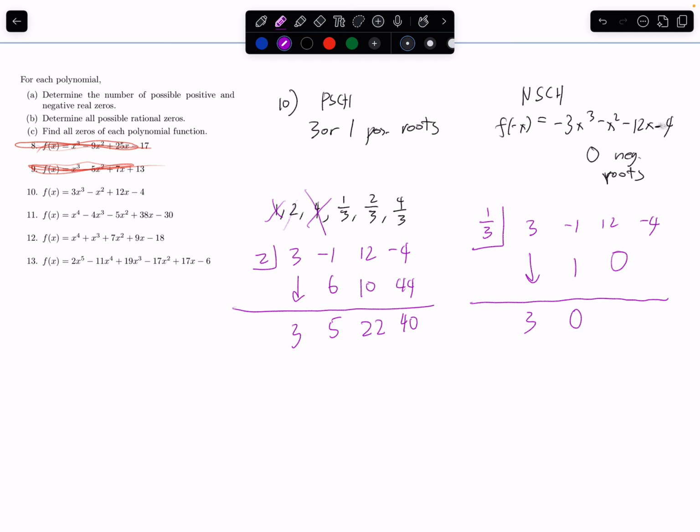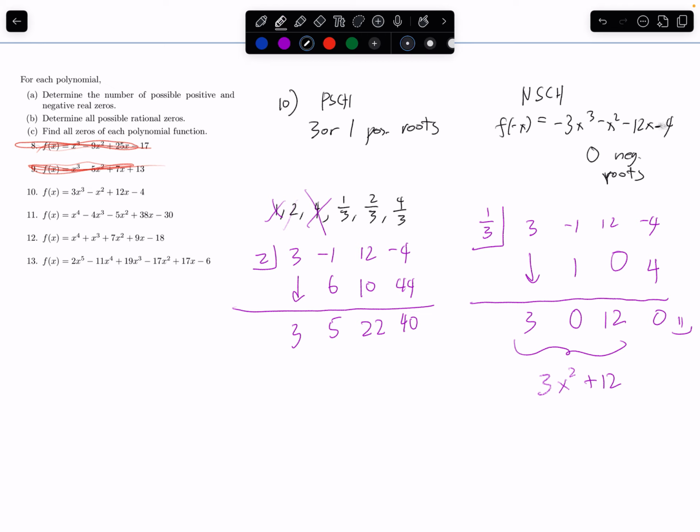Plus 12 is 12, and 12 times 1/3 is 4. 4 plus -4 is 0. So, hey, beautiful. And check this out. That's 3x squared plus 12. That's wonderful news, because that means our last two roots are going to be really easy to find.